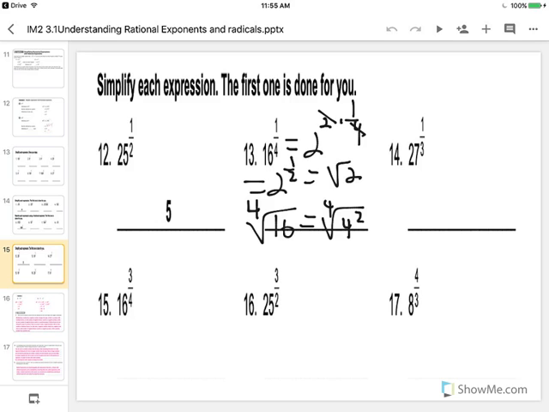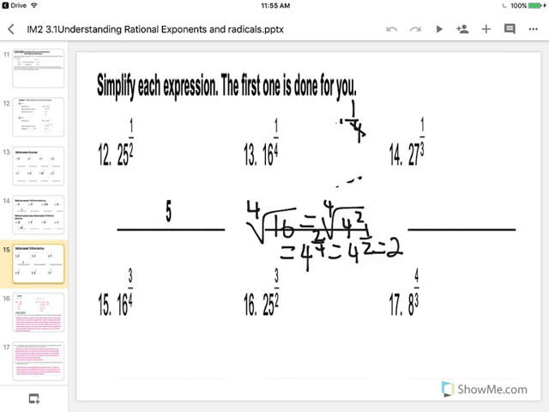Oops, I think I did the top part wrong. Let me fix it. So this is 4. So 2 over 4 would be 4 to the 1/2. So reduce to 2. Let me fix my error. Okay, so this is 4 to the 2nd power raised to the 1/4. So the 2 and the 4 cancel out, so this gives us 4 to the 1/2, so it's the same as 2.